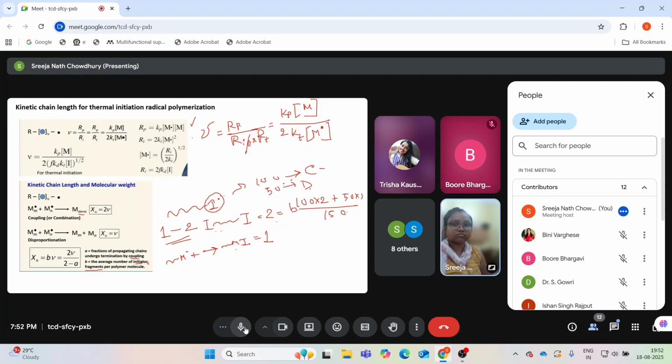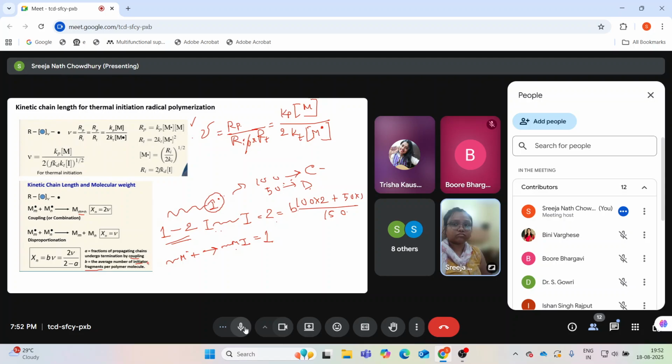So when they say after 2 hours, it means after 2 hours some of the initiator is consumed, right? So after 2 hours the m dot nu and xn value will be different. The polymerization reaction is not like all the initiator molecules get dissociated and attached with the monomer and then become polymer.